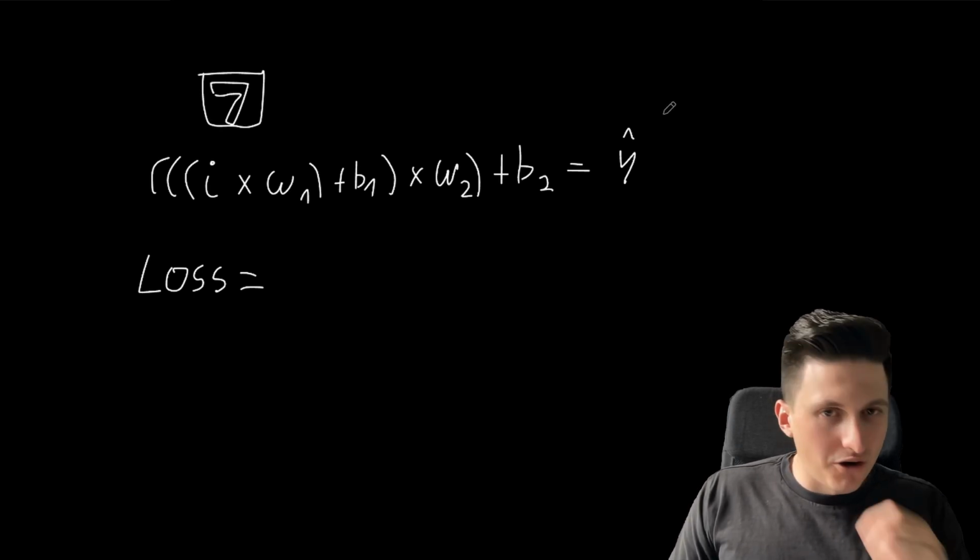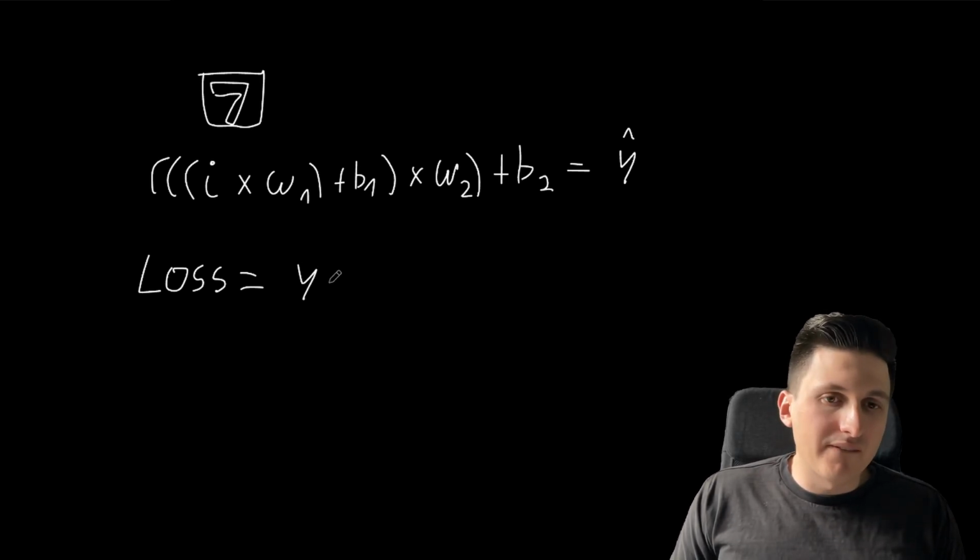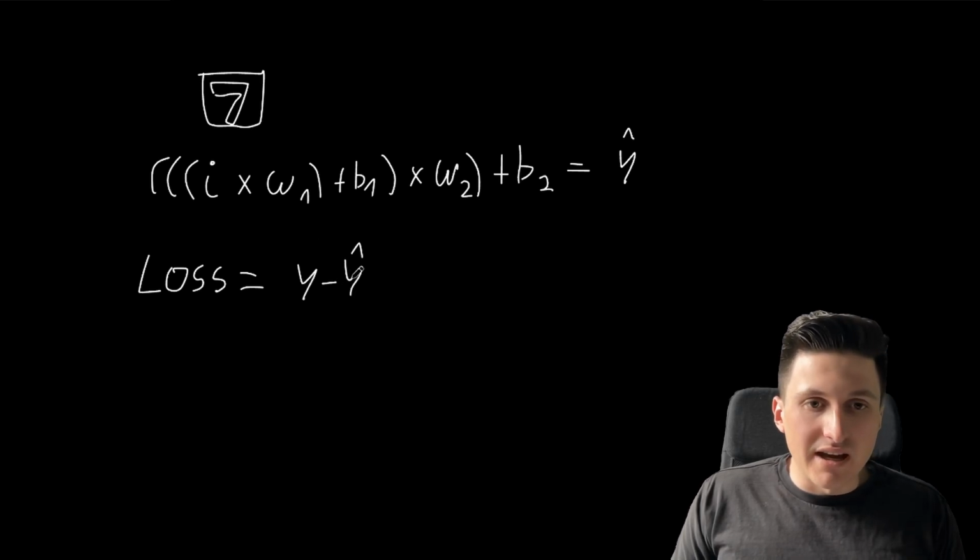And this output might be saying it's 6, but of course that isn't correct. So in the loss function, we are measuring how close the actual output is to the output we are predicting.